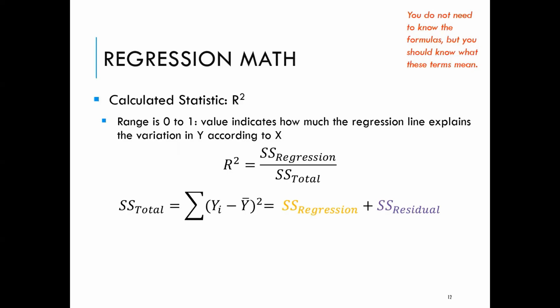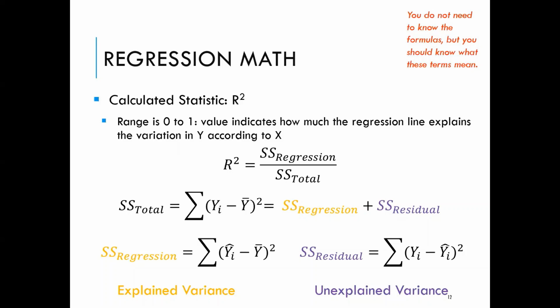The sum of squares for the total is equal to the sum of squares for the regression plus the sum of squares for the residual, and each of those is calculated with this summation notation of different portions of y subtracted from the predicted values of y or the mean values of y.